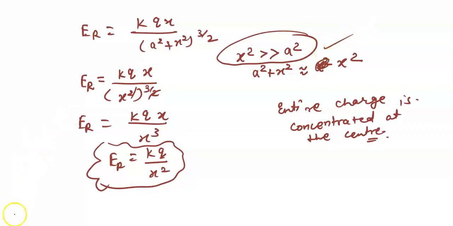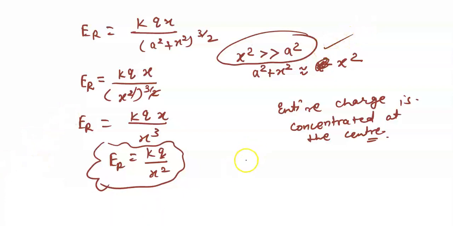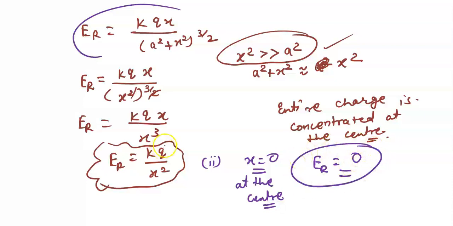Second thing you can do here is, if you assume that x is 0, this is the second case. If x is 0, then by this expression the resultant electric field will be 0. When x is 0 it means you are at the center, and so the resultant electric field will be 0 at the center.